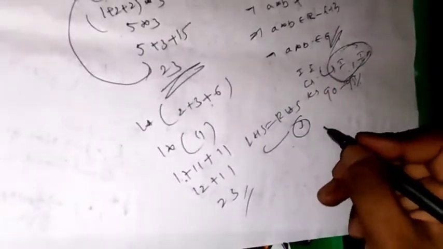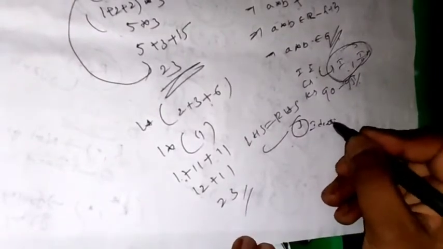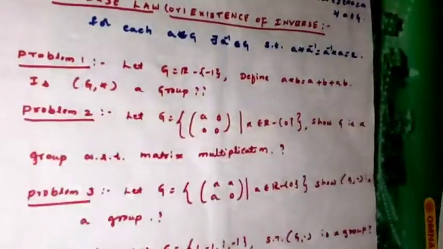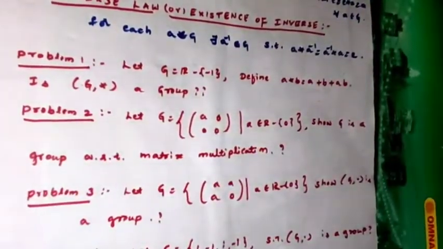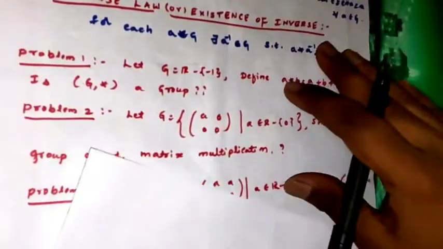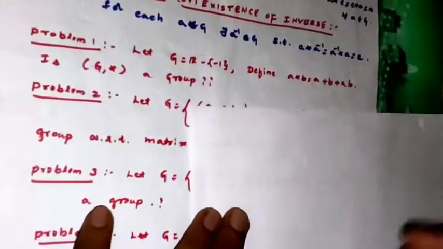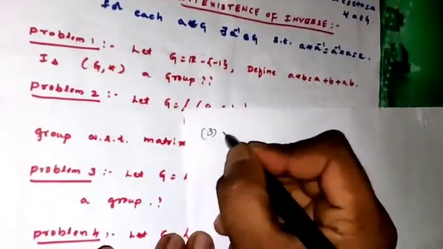Now we have the most important property. Next is identity. How to prove identity for this type of problem? Tell me how to prove it. The third property is identity.